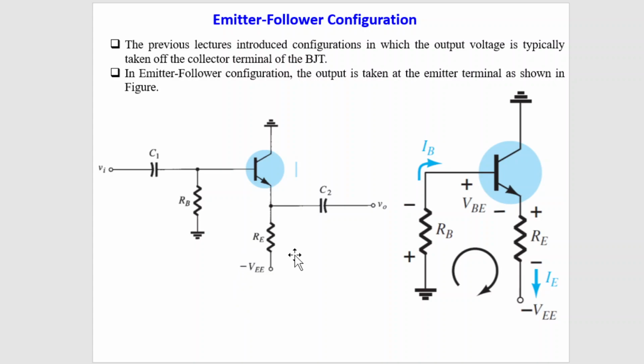Remember, the negative end of the DC power supply is connected to the emitter, in the case of an NPN transistor. If it is a PNP transistor, then this negative end will be positive. That is the difference from the other configuration techniques. There is a base resistance, so base, emitter and collector, and there is no resistance at the collector terminal.